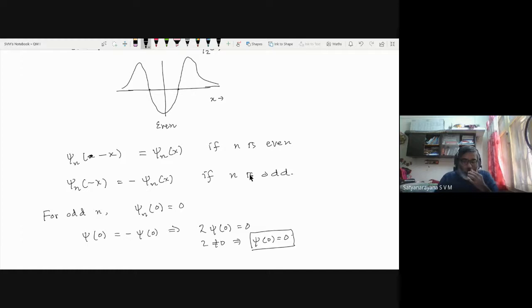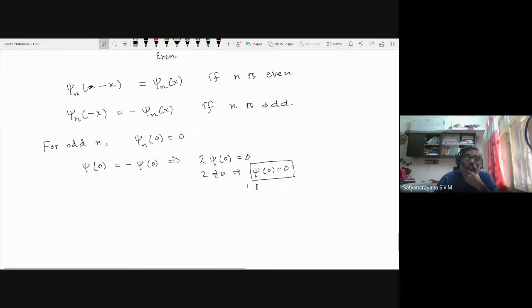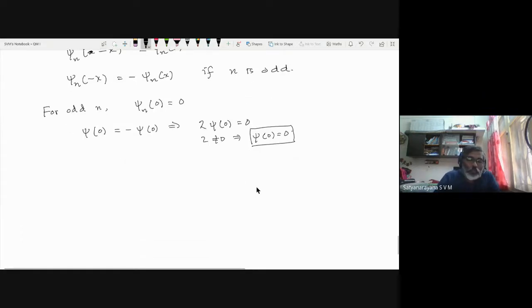Now this is somewhat interesting, because you may use this information to answer questions like this. For example, let's say someone comes up and says, let me consider a potential which is equal to half m omega squared x squared if x is greater than 0, and infinity if x is less than or equal to 0.